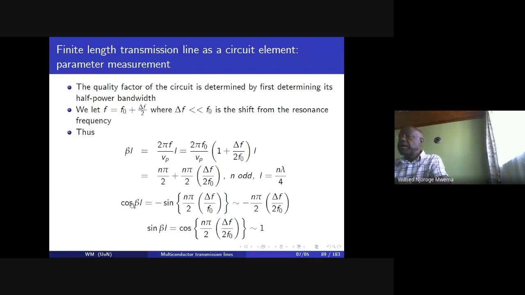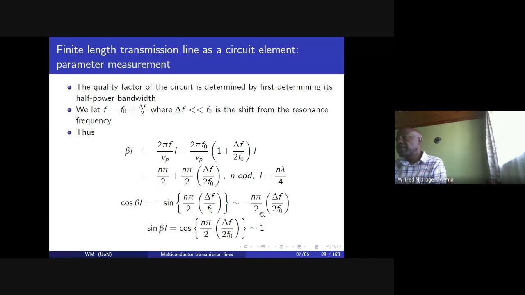And when we expand it trigonometrically, we get the sine of n pi by 2 times the sine of that value. And we'll get the following equation: it's going to be minus sine n pi by 2 times the sine of n pi by 2 delta f over f0, with that angle.